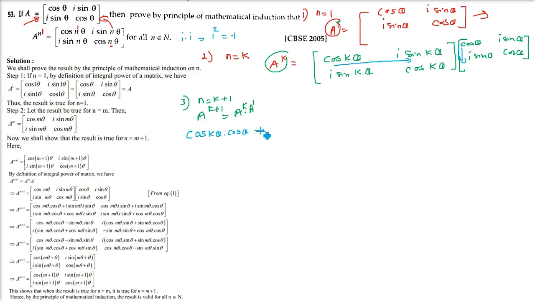So I am replacing this plus with a negative sign. Wherever i square will come, we'll write it like this: sin k theta into sin theta. This is the first one. Now this row with this column: cos k theta into i sin theta, plus i sin k theta into cos theta. So this is the second entry.